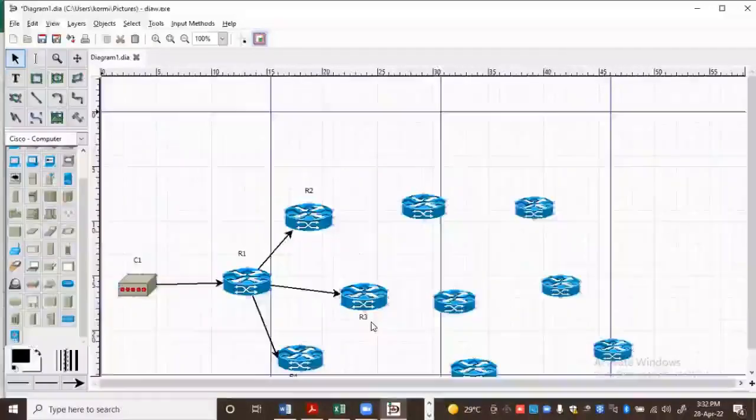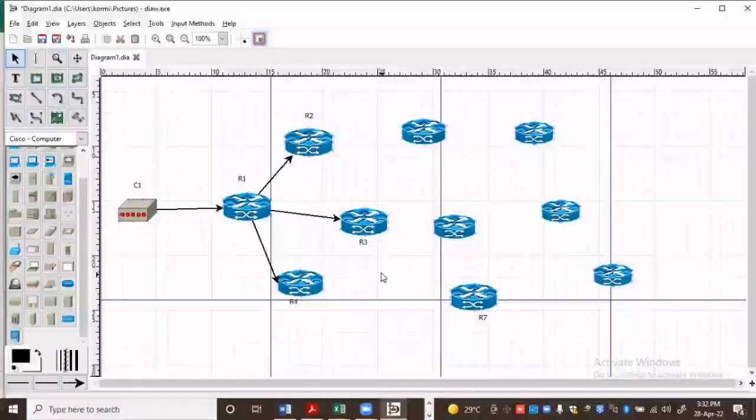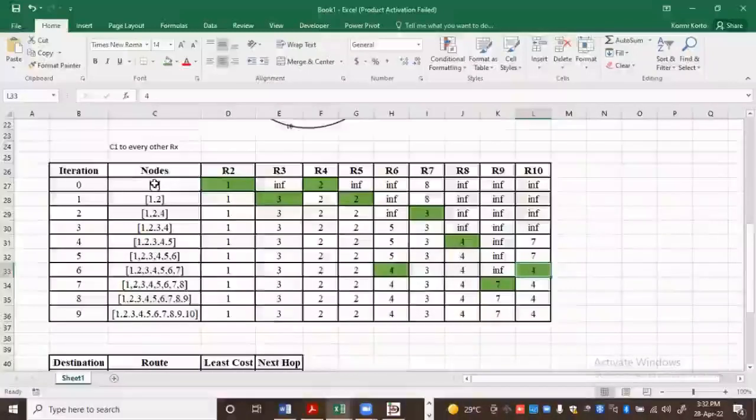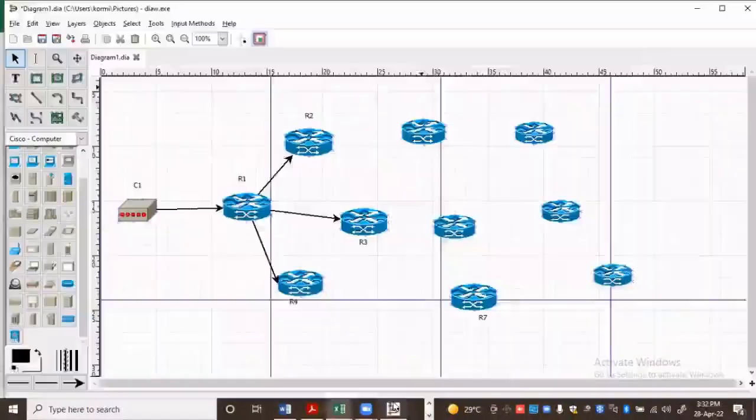Okay, so from our diagram, from the tabulated output, to get to 2, it was only 1 to 2. So it means in our diagram, it would be 1 to 2. So label it. It was 1, right? So that's 1 to 2.